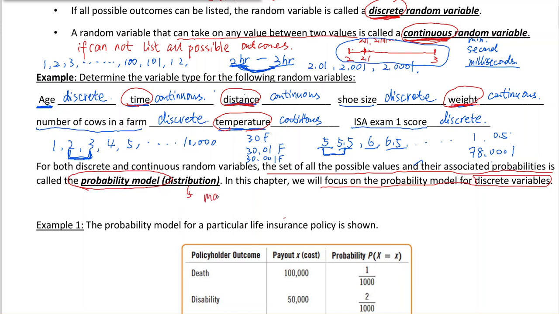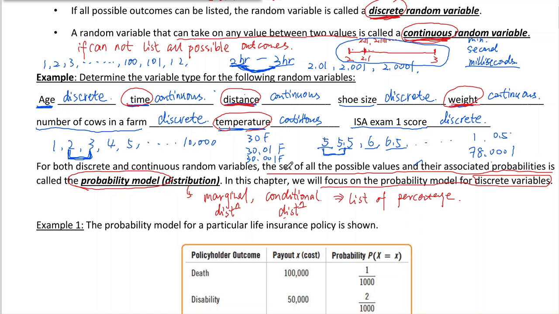We have the marginal distribution and the conditional distributions. A distribution is a list of percentages. Now if we list the probabilities with all possible values, it is called the probability distribution, or the probability model.